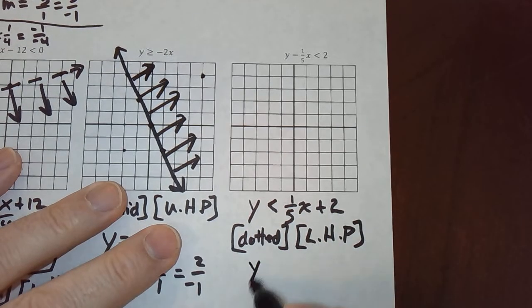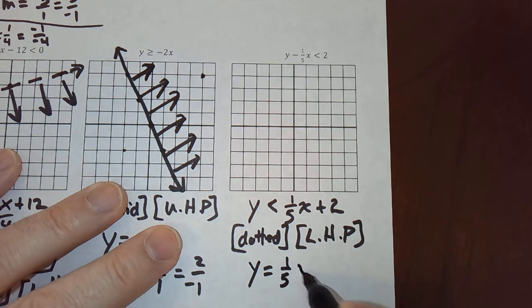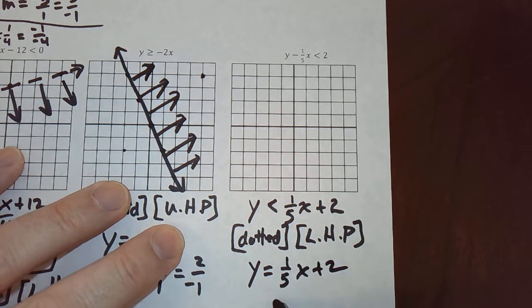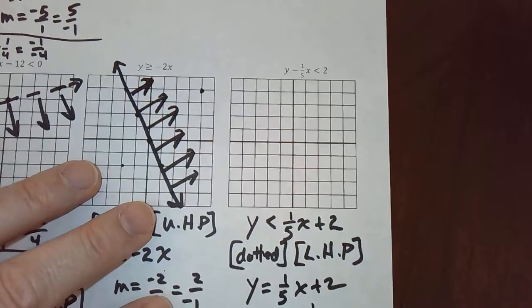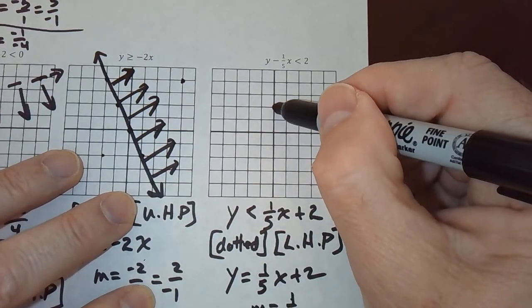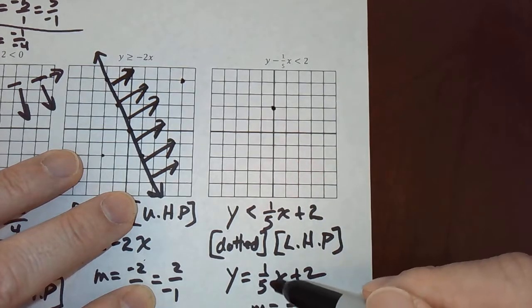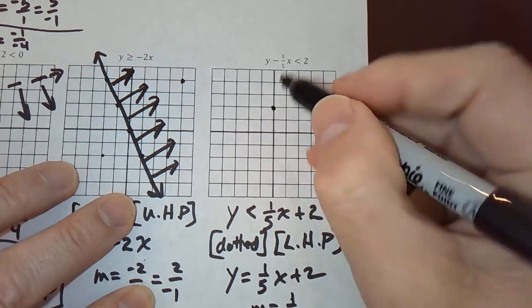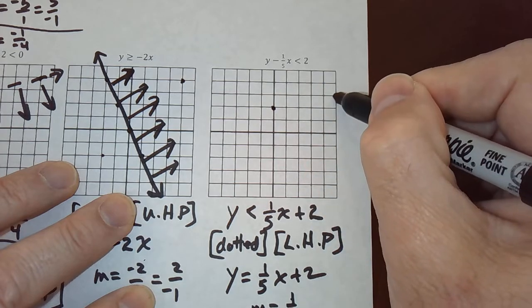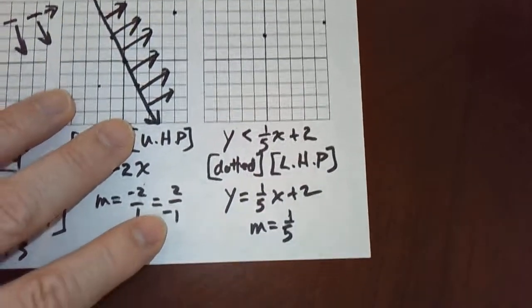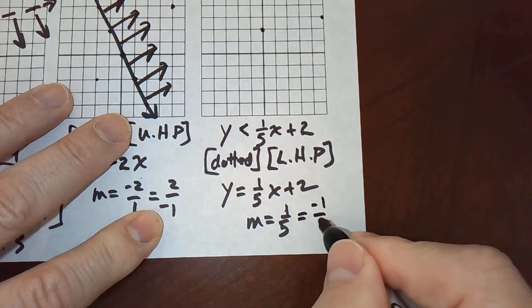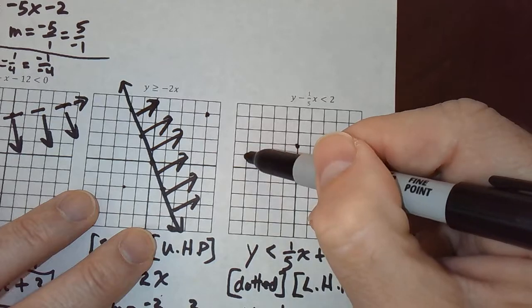So the line would be y equals 1/5 x plus 2, which means our slope is 1/5, up 1 to the right 5. So let's plot our y-intercept, 0, 2. And then the slope being 1/5 means I can go up 1 to the right 5, or I could also go down 1 to the left 5.